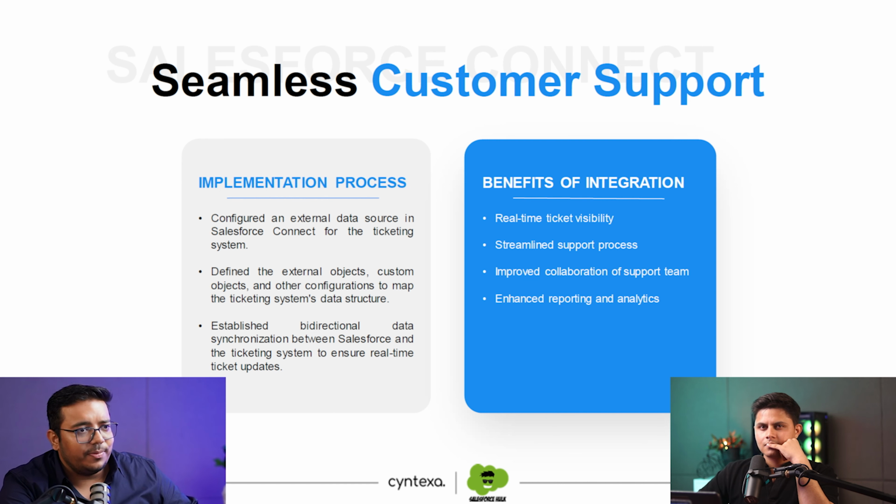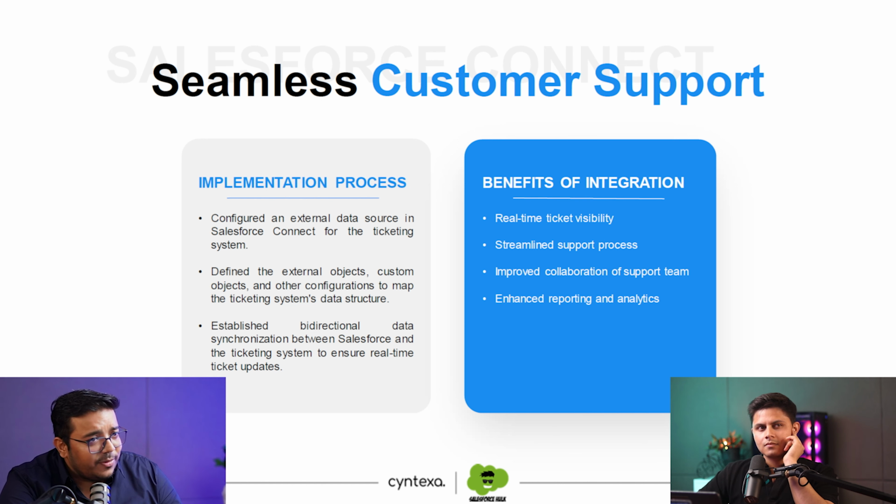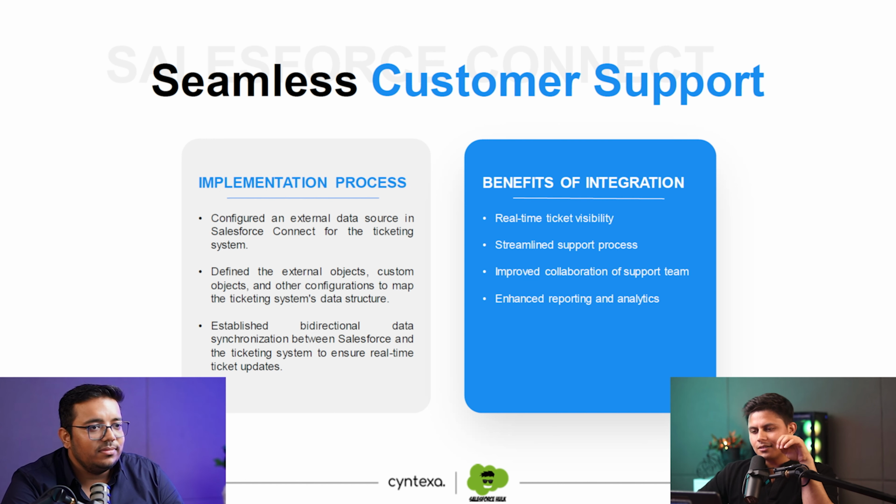As soon as the record was updated over here, it was updated in the support platform as well. So this integration provided streamlined support, improved collaboration between teams, and enhanced reporting. And definitely they had real-time visibility between the two platforms. And how did you make sure that this integration is done properly with the help of Salesforce Connect?